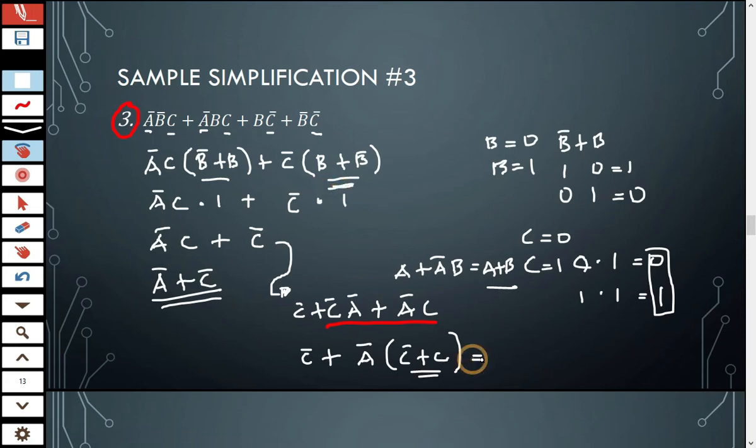So this becomes C plus not A times 1. And the final answer would be not C plus A. So this is it, not C plus A, or not A plus C.